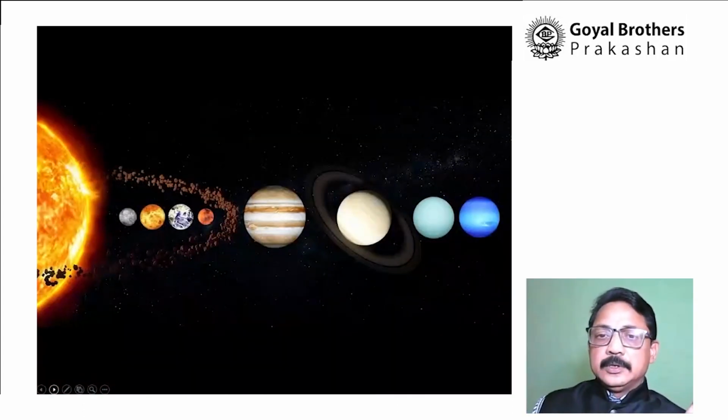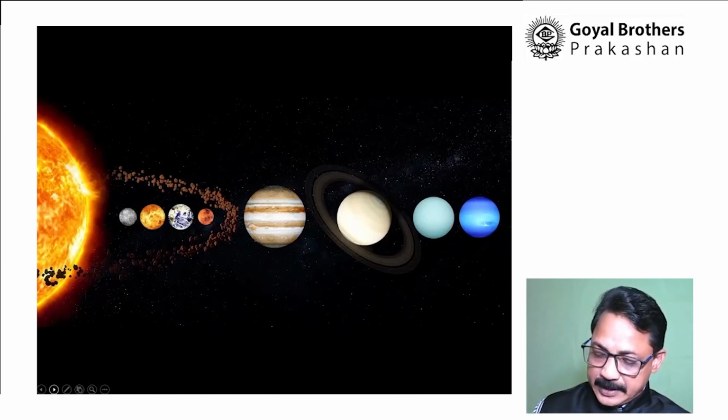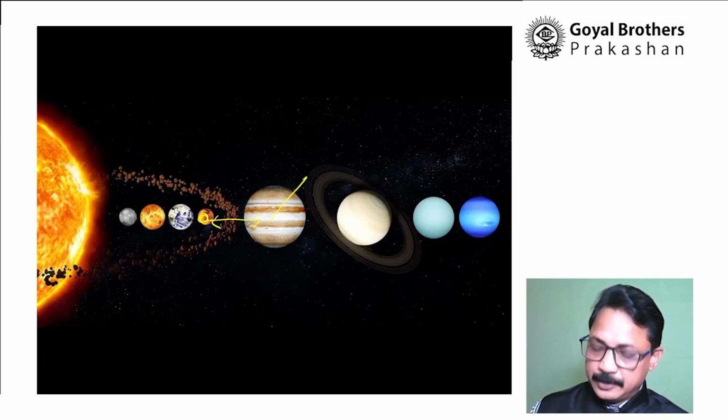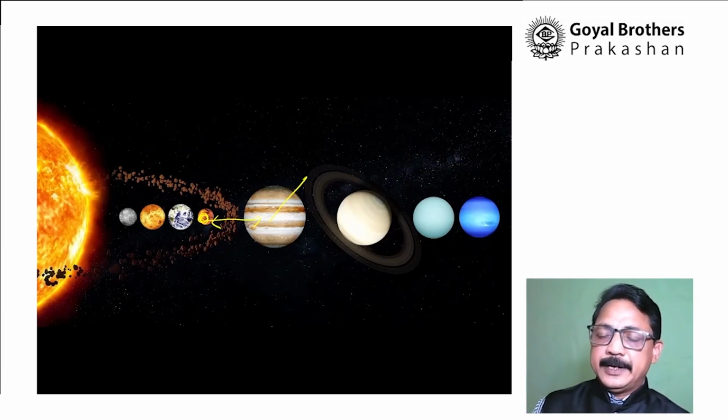Now, these asteroids keep on revolving around the sun, and they are present between Mars and Jupiter. Between Mars and Jupiter, these asteroids are present, which range from extremely small to large size.